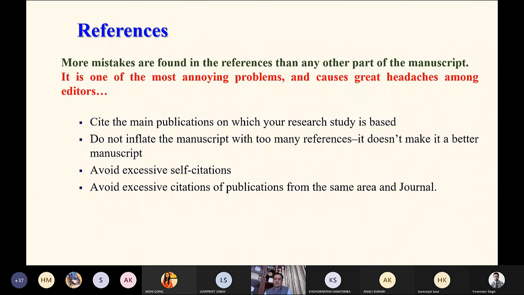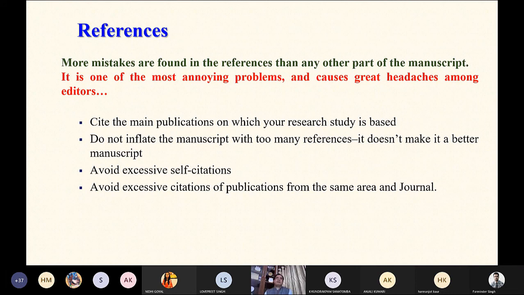That will not make our paper more effective. We have to avoid self-citation. No doubt we can have one or two self-citations, but we have to avoid excessive self-citation. We have to avoid citations from the same area.